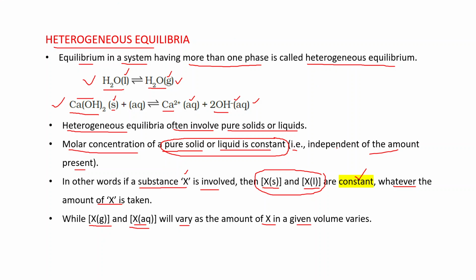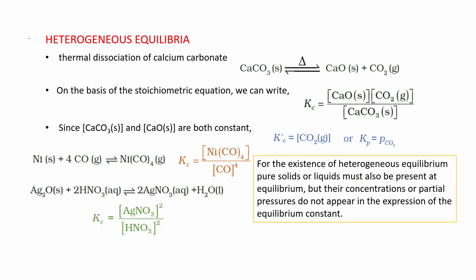Simply, we can say that when we write the expression for the equilibrium constant, the concentration of pure solids and liquids is taken as constant, and we will not include these terms in that expression. For example, the thermal dissociation of calcium carbonate, CaCO3. The delta symbol is for heat, that is thermal, and this forms CaO solid and CO2 gas.